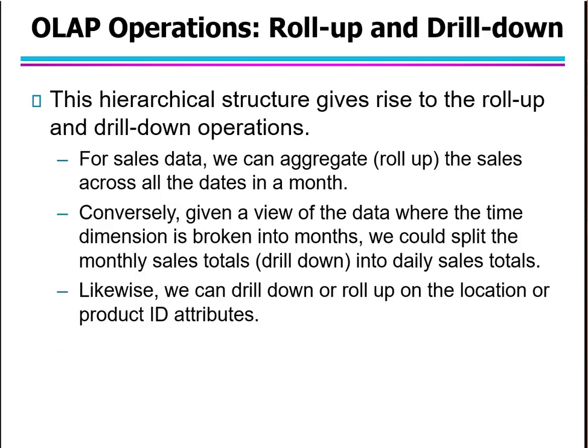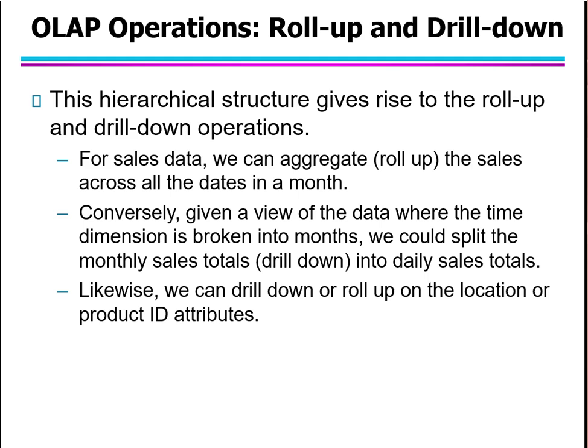Roll up and drill down. This hierarchical structure gives rise to the roll up and drill down operations. Rolling up involves aggregating data into a higher level of the hierarchy. For sales data, we could roll up the cells across all dates in a month to get a monthly total.